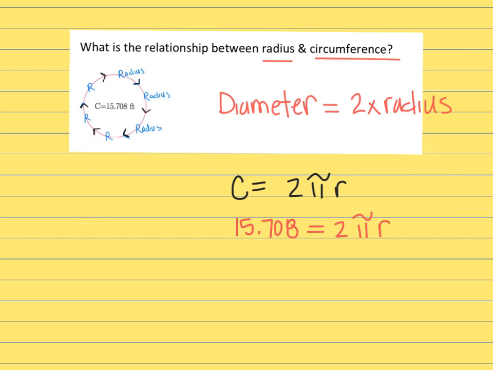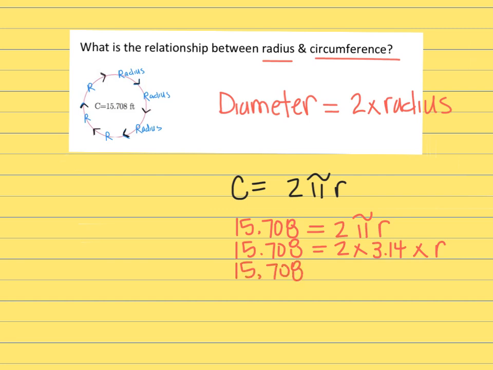And again, we know that pi is supposed to be 3.14, so I'm going to copy down 15.708. That equals 2 times pi times radius. This is the number that's missing. I don't know how much my radius was supposed to be, so I'm going to go as far as I can.